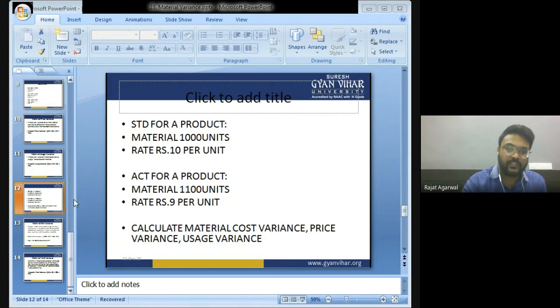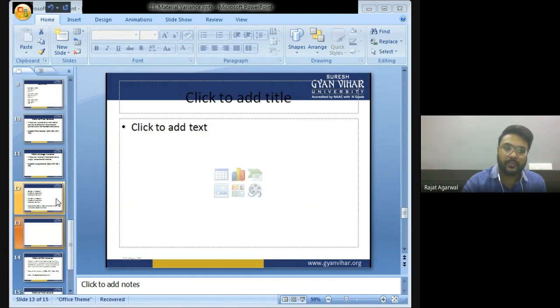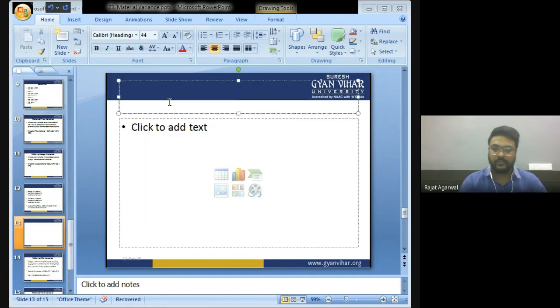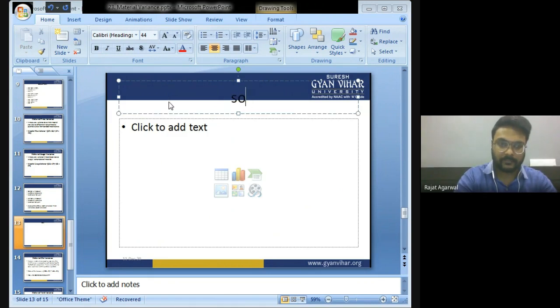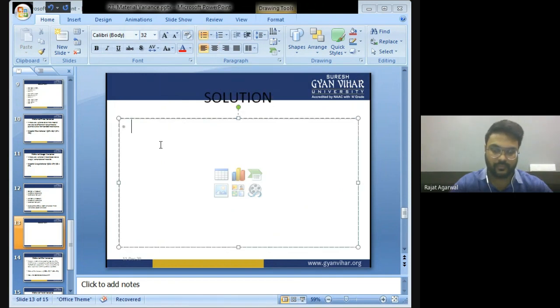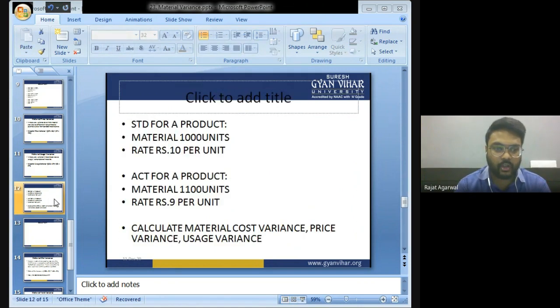Now let us solve this illustration. Solution. Okay. So first we are going to calculate material cost variance.